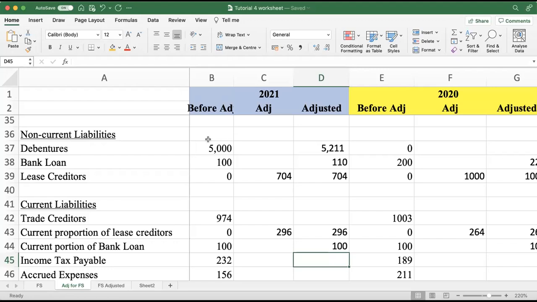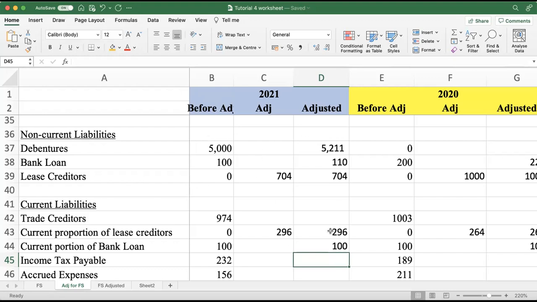Now you see, before the analysis, we should adjust our financial statement to appropriate values. So you check the financial statements. Now you see some liabilities are not recorded at the appropriate values. Now you need to adjust.